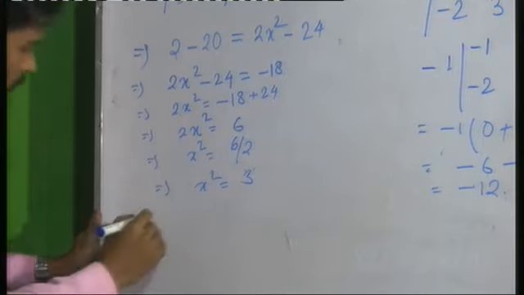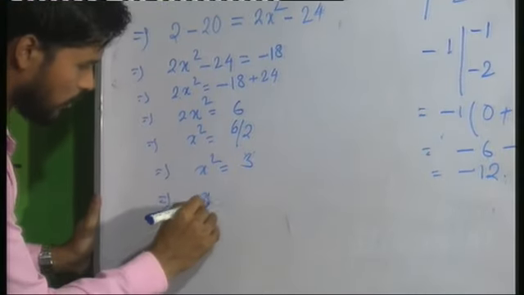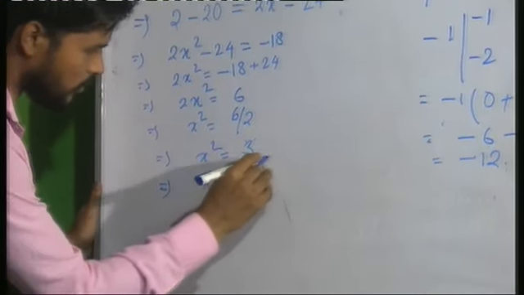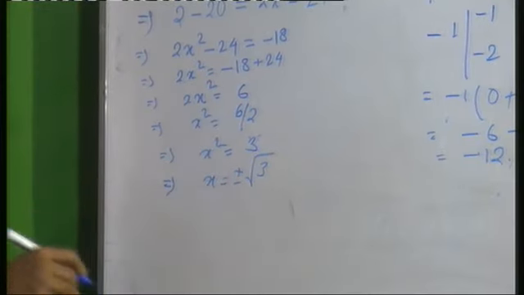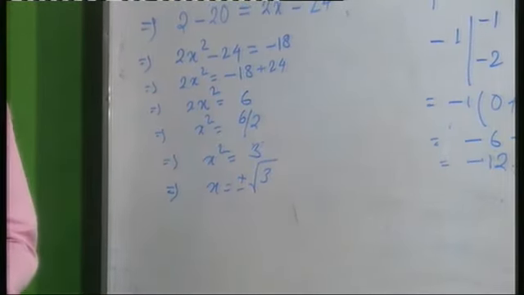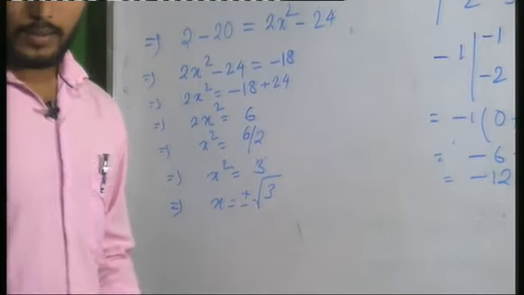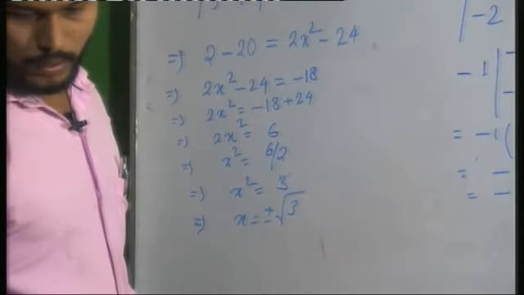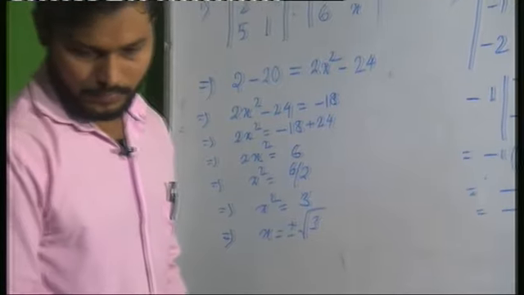Now we know that if x square equals 3, then x equals plus minus root 3. So the value of x is either plus root 3 or minus root 3. Okay. Now you can see the next question, question number 2, is of the same type.